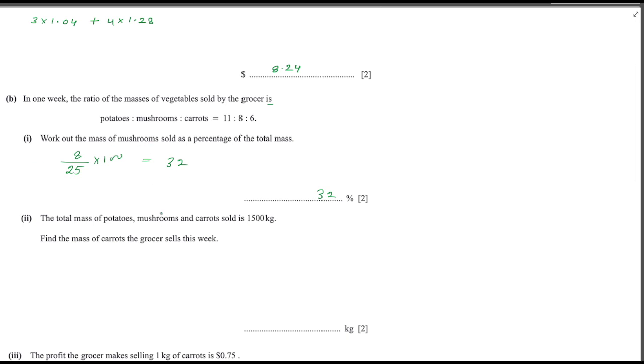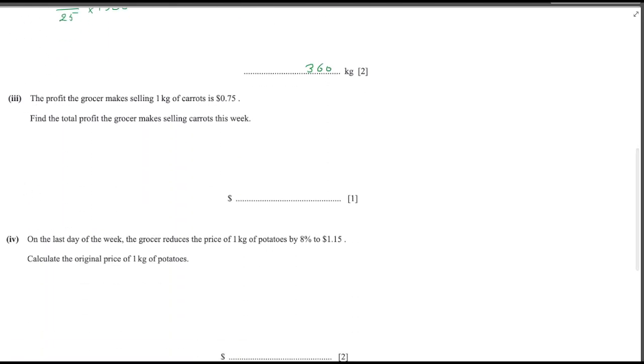The total mass of potato, mushroom, and carrot sold is 1500 kg. Find the mass of carrot the grocer sells this week. So mass of carrot. Now for carrot, if you see, your ratio is 6 out of 25. Total mass is given as 1500. So 6 divided by 25 of 1500 is 360. So 360 kg is your answer.